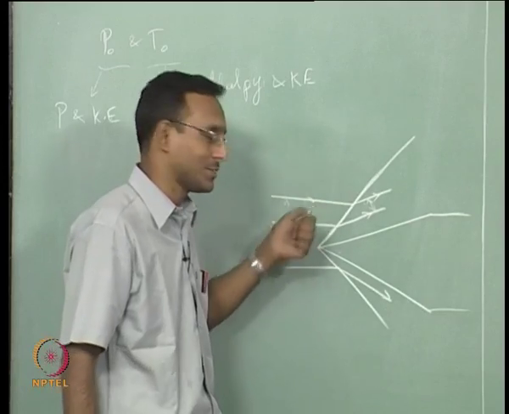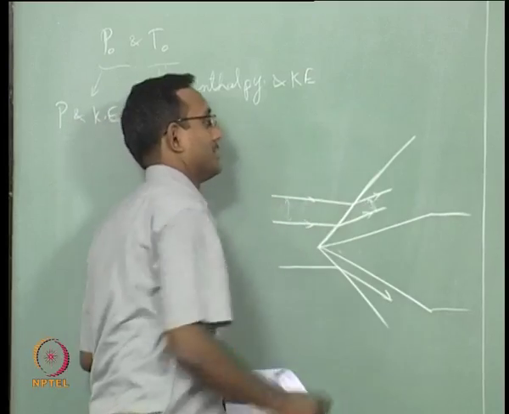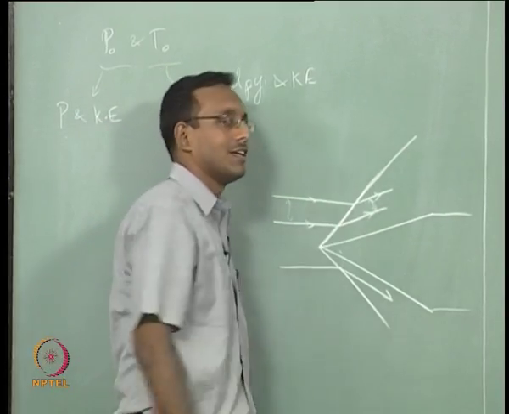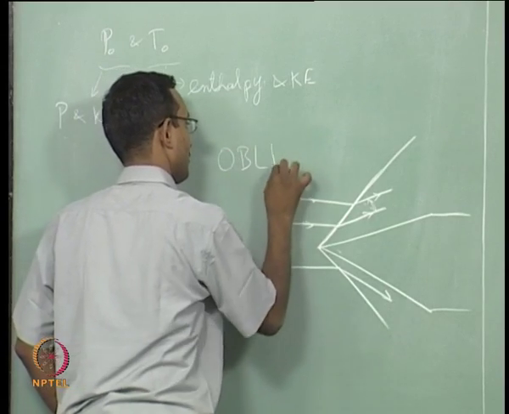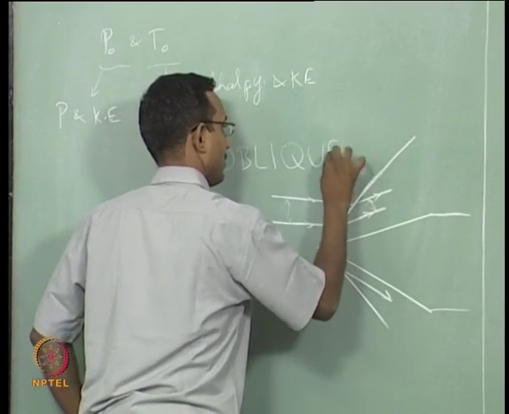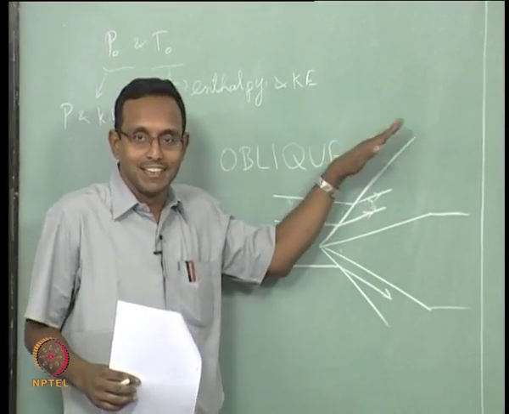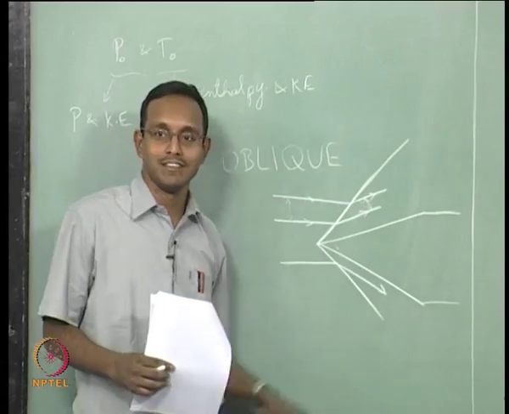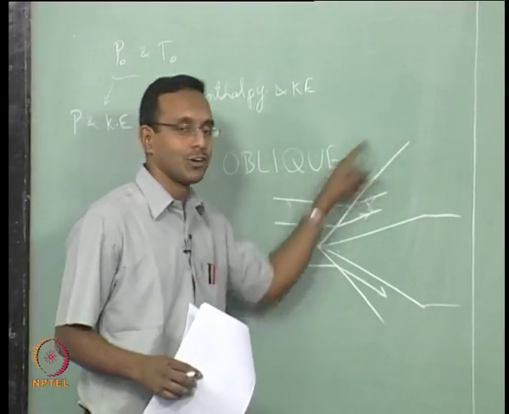So basically this is sitting as a shock here, this is what they call an oblique shock. It is not normal to the flow, but it is slanted, it is oblique. The word oblique means slant anyway. It is going to become an oblique shock.